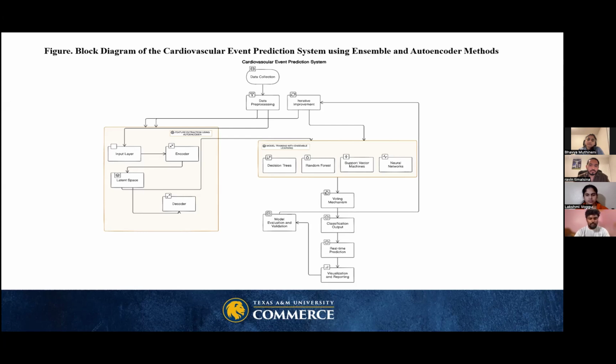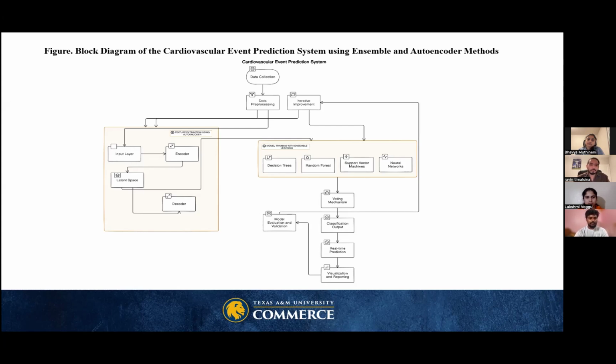We also have one more important part, which is the latent space. It captures the most critical features and helps to decompress the original data without much loss in the data.